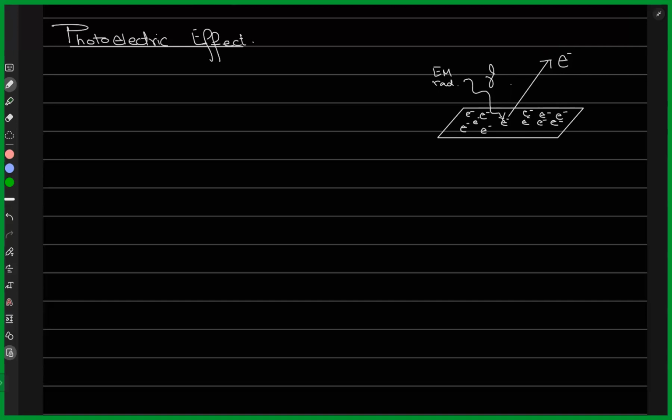So there is a certain amount of frequency that is required, and that frequency is called the threshold frequency.